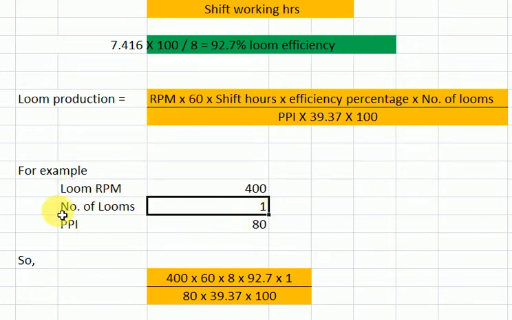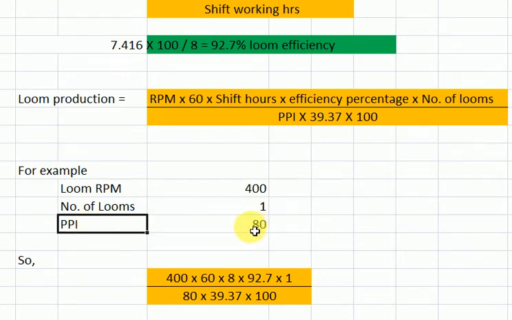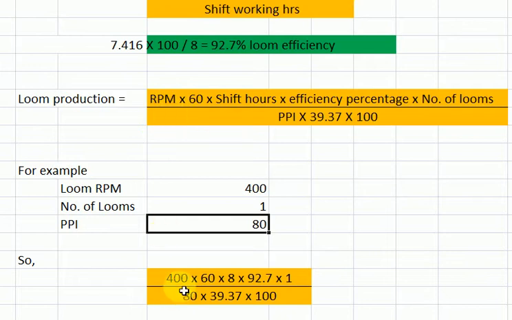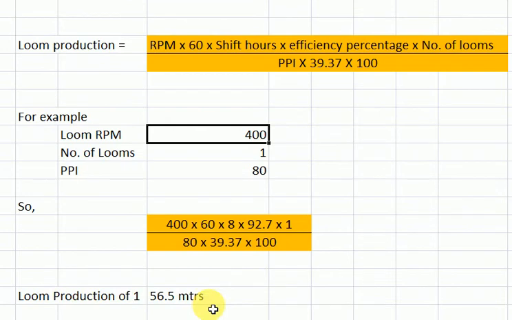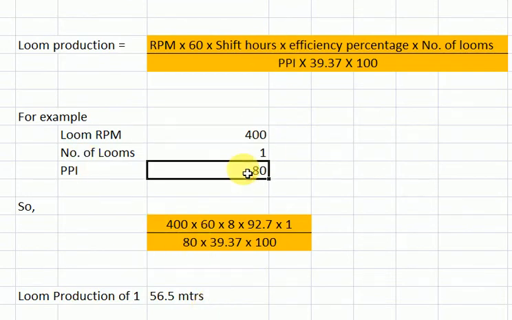So here just insert all the above in the formula: RPM is 400, 60 minutes, shift hours is 8 hours, efficiency percentage 92.7 percent, multiplied by number of looms 1. Picks per inch 80, multiplied by 39.37 multiplied by 100.